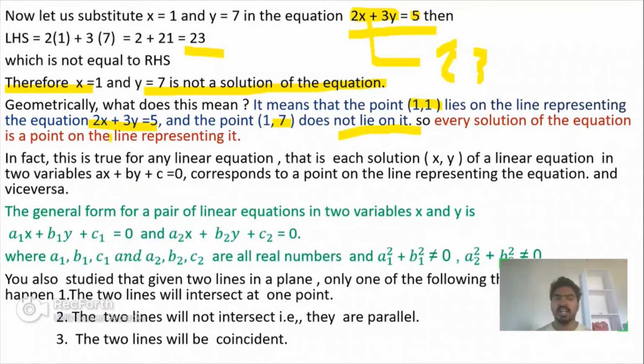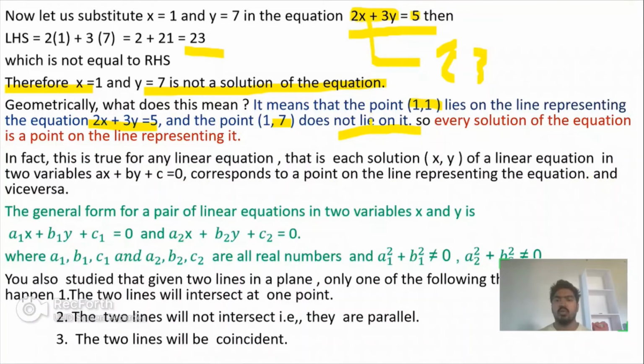So every solution of the equation is a point on the line representing it. In fact, this is true for any linear equation. That is, each solution (x, y) of a linear equation in two variables ax plus by plus c equals 0 corresponds to a point on the line representing the equation, and vice versa.